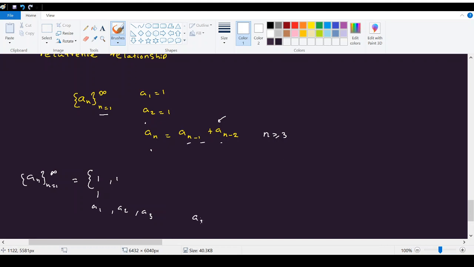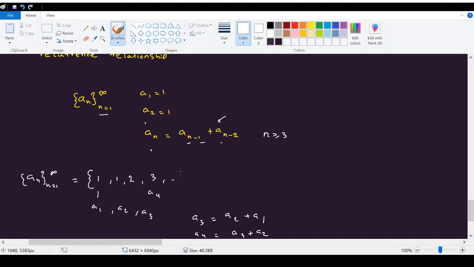So it becomes a3 is equal to a2 plus a1, right? That's the way they have defined the relationship. According to that, it becomes 2. And how about a4? a4 will be equal to a3 plus a2, right? And that will be equal to 3.